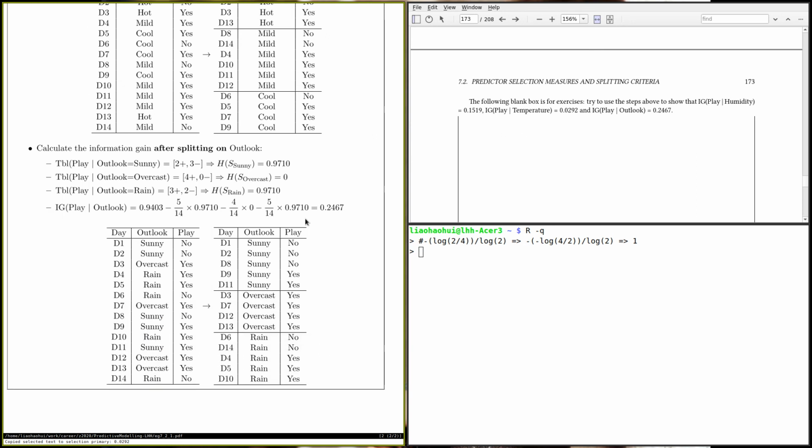In Outlook, again we take out the Outlook and reorganize it. What we find very special is overcast. This is the situation where we say it's pure.